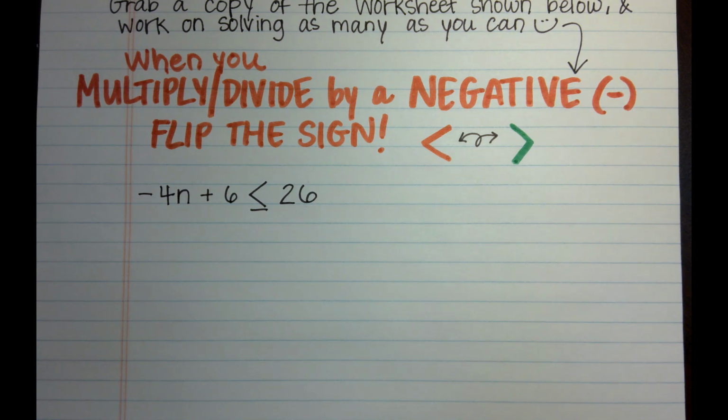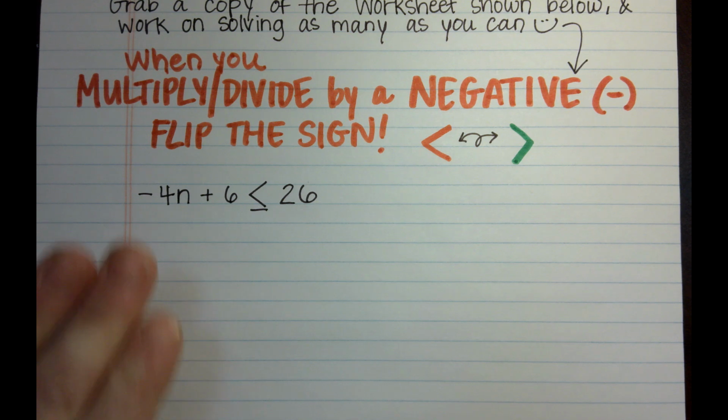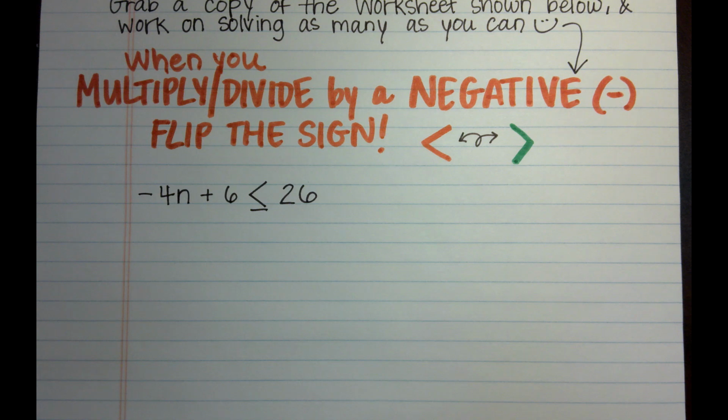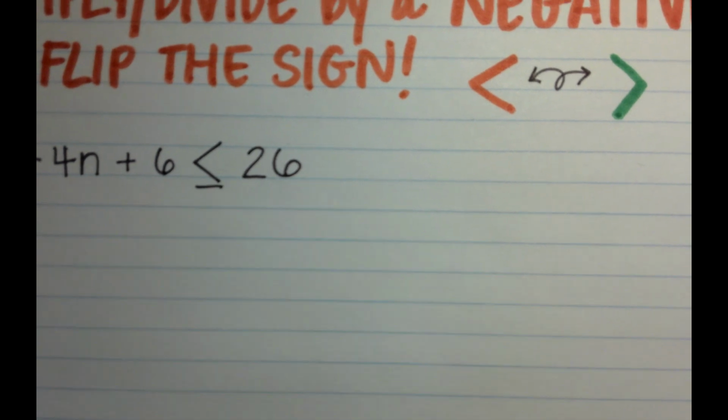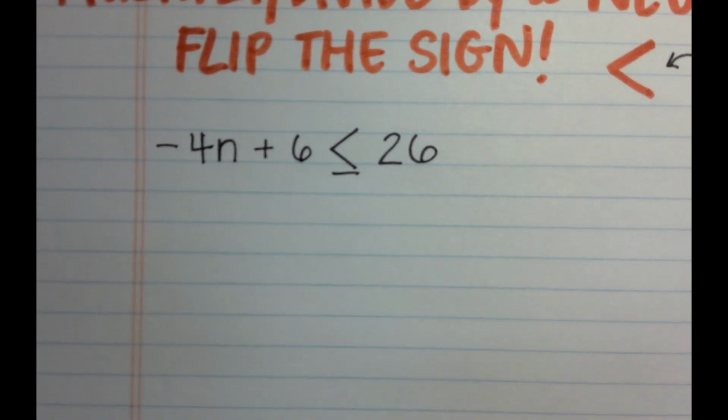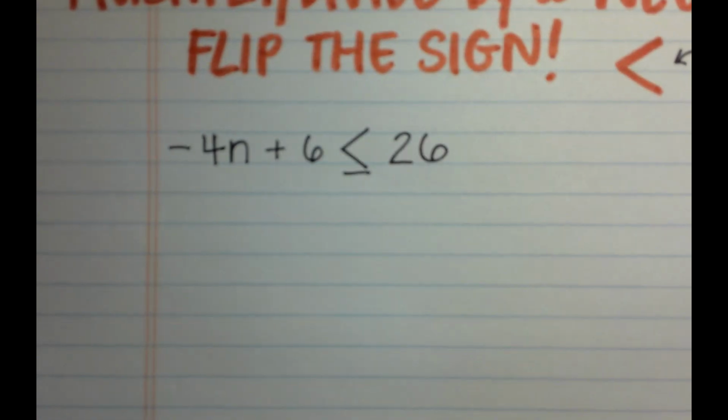And then below that, I'm gonna go ahead and draw a line for my graph. You know what? I'm gonna wait. I'm gonna let myself work it out first, so I don't not give myself enough room. Okay, so we have negative 4 times n plus 6 is less than or equal to 26.